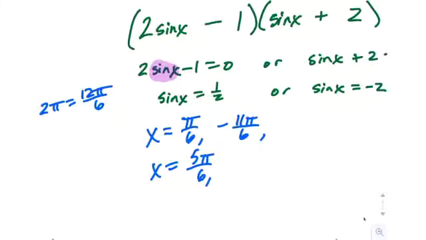And we got to do it one more time. Negative 11 minus 12, negative 23 pi over 6. And now I'm going to cross out the pi over 6 because I don't need it, because I'm only looking from negative 4 pi to 0, which is 2 full negative rotations. Now I'll do the same with 5 pi over 6. 5 minus 12 is negative 7 pi over 6.